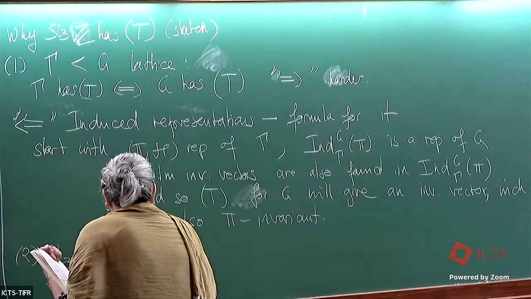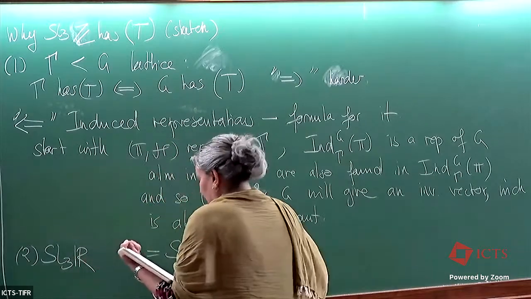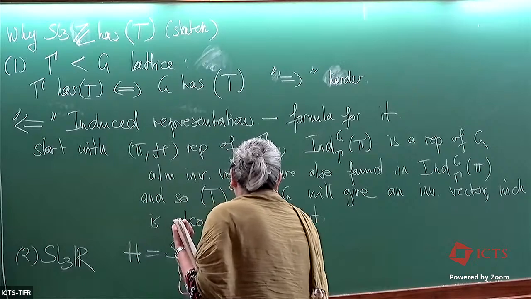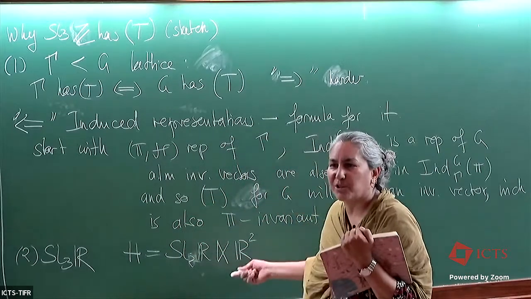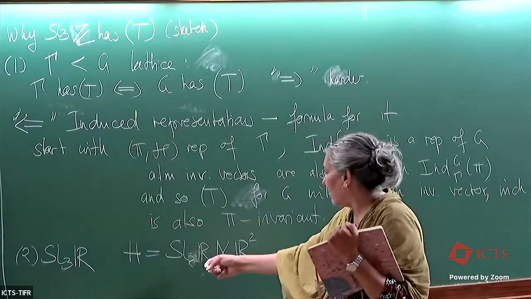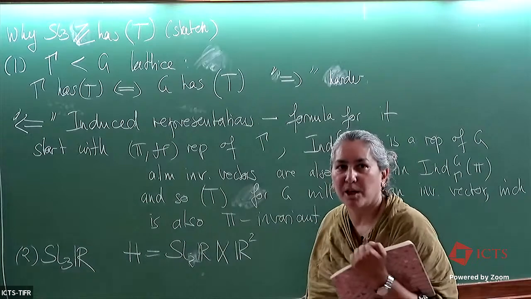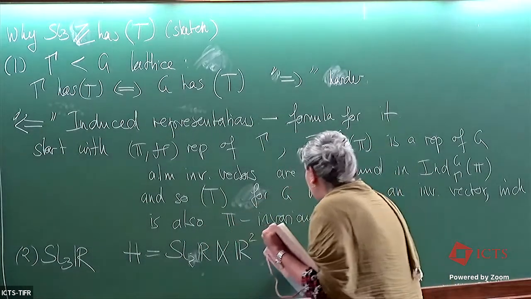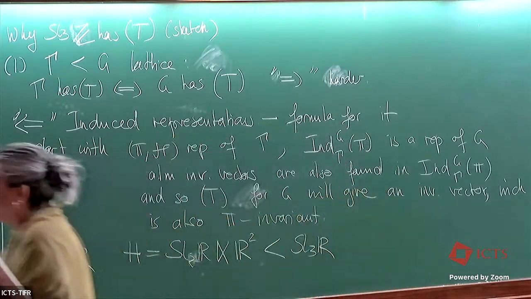You're going to look at H, which is SL2R semi-direct product R2. There is the obvious action of SL2R on R2, and then you can do the semi-direct product. But what's interesting is that this semi-direct product sits in SL3R. And how does it sit in SL3R?